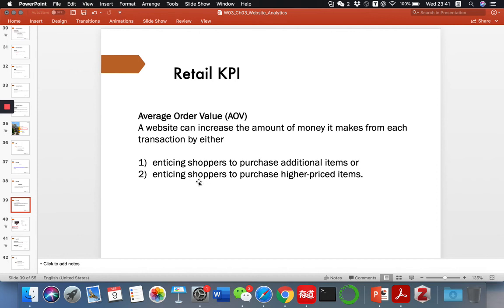And the second way is to purchase higher priced items. So in this way, the per order value will be higher. So you make your high priced items more attractive than the lower priced items. In some situations, this strategy works.